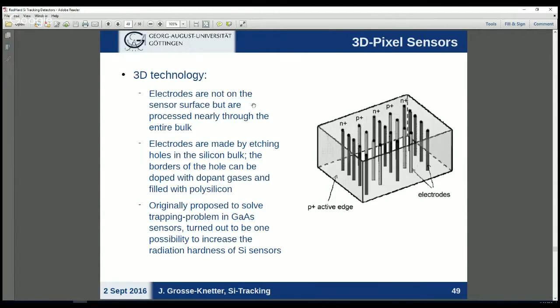Instead of having electrodes on the surface of your detector, that means top and bottom, where your particle, the charged particle that creates our electron hole pairs, traverses from one electrode to the other, we implement our electrodes into the bulk of our detector. So physically, that means you literally drill holes. You add doping when the holes are open to the outer wall, and you refill it with polysilicon in order to have something conductive. So the final result will look like you see it on the picture.